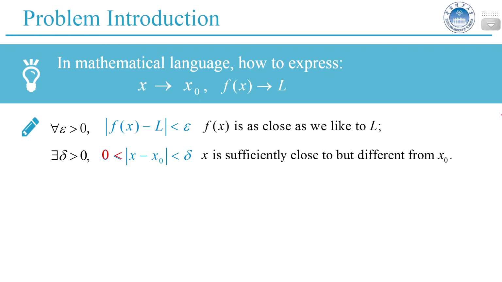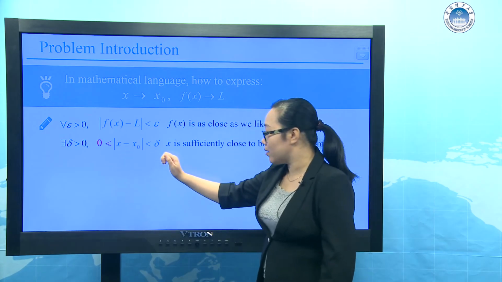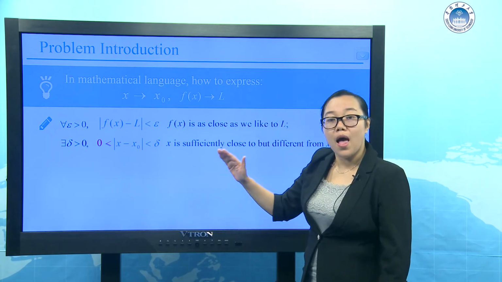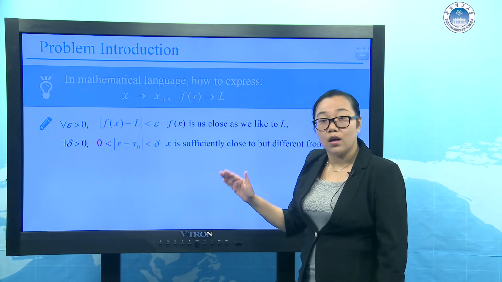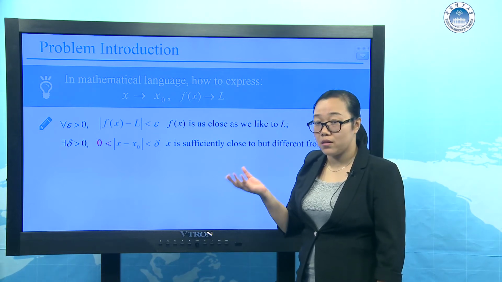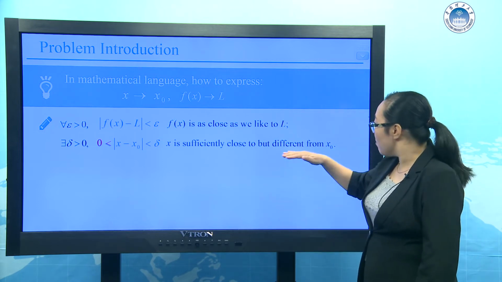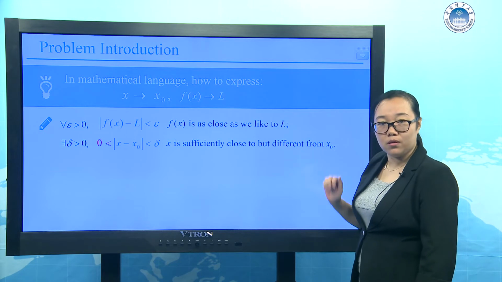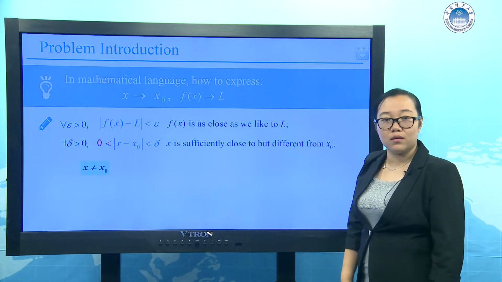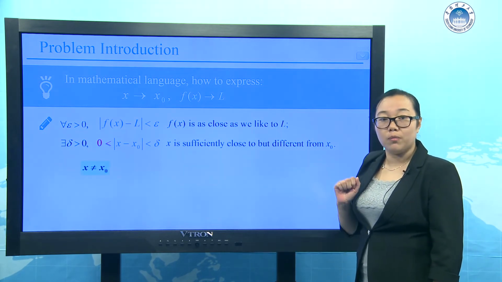Such that x minus x0 corresponds to the absolute value between 0 and delta. This means x is sufficiently close to the point x0 but doesn't equal the point, meaning different from x0. x doesn't equal x0, the given point.